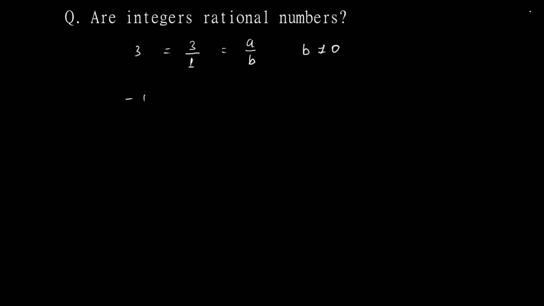Let's say -4. We can also write -4 over 1. This is also in the form a by b, where b is not equal to 0 and a and b are both integers. Okay, let's see what we have seen so far. We have first seen natural numbers, which are counting numbers.